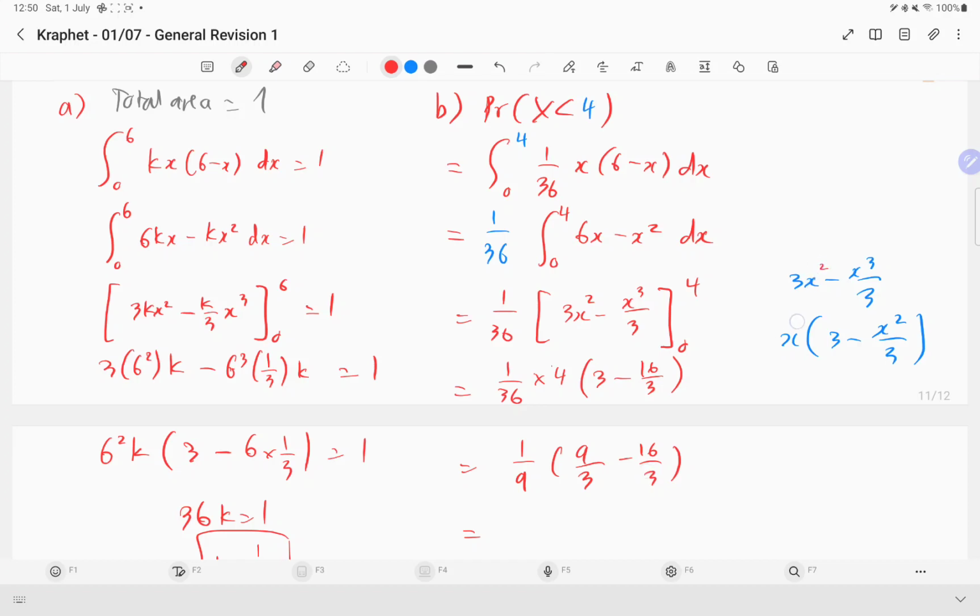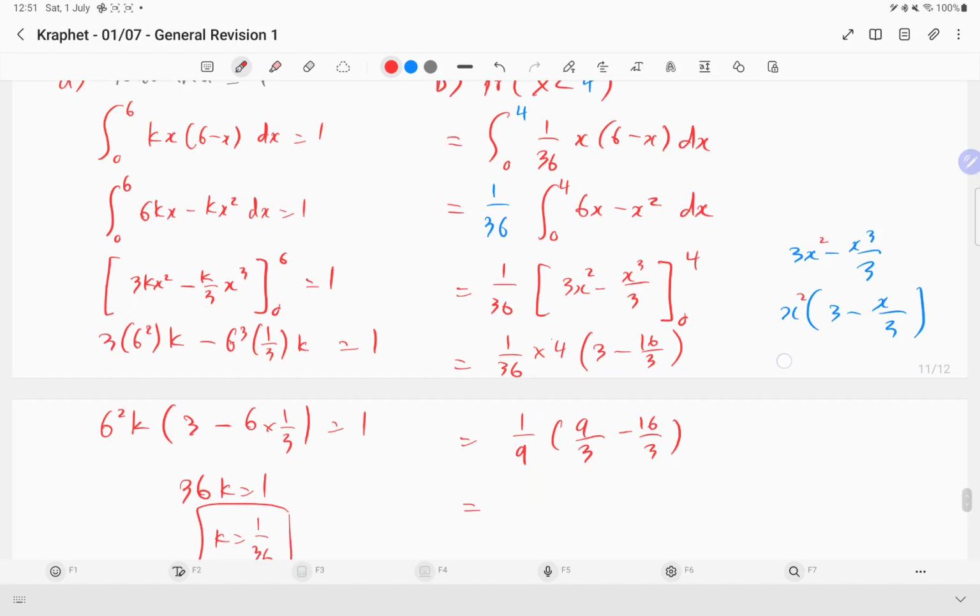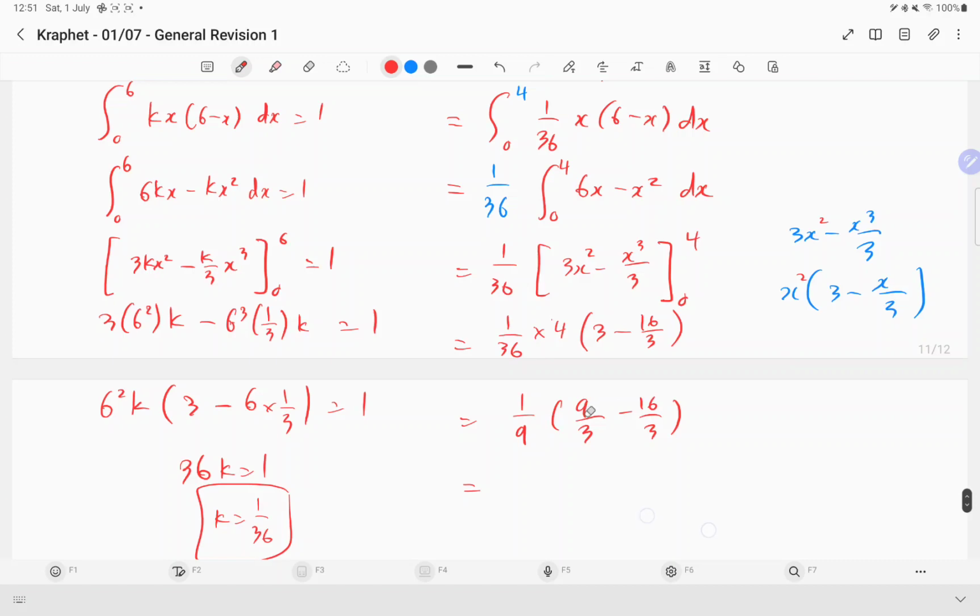So 3x squared, you take out x squared, that will be 3, and then x over 3. Yeah, there. Oh, okay, yeah. Answer will be 4 squared.